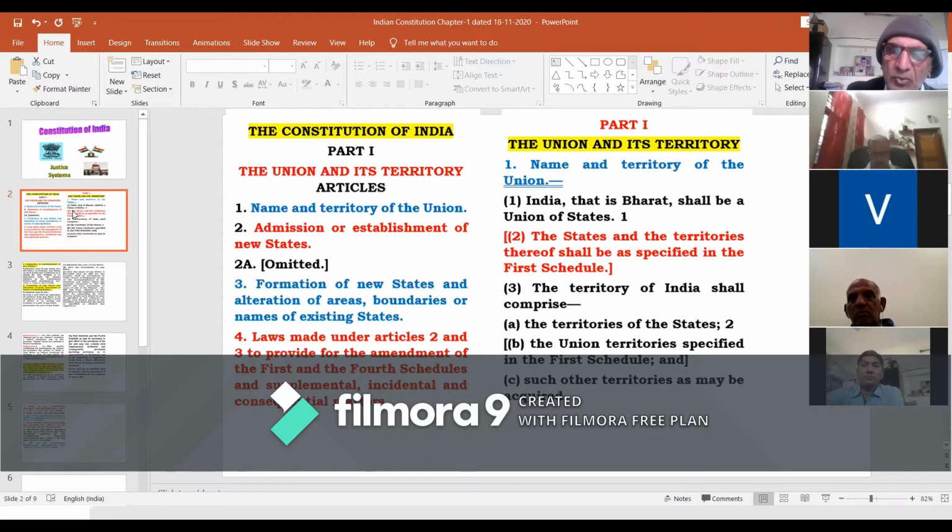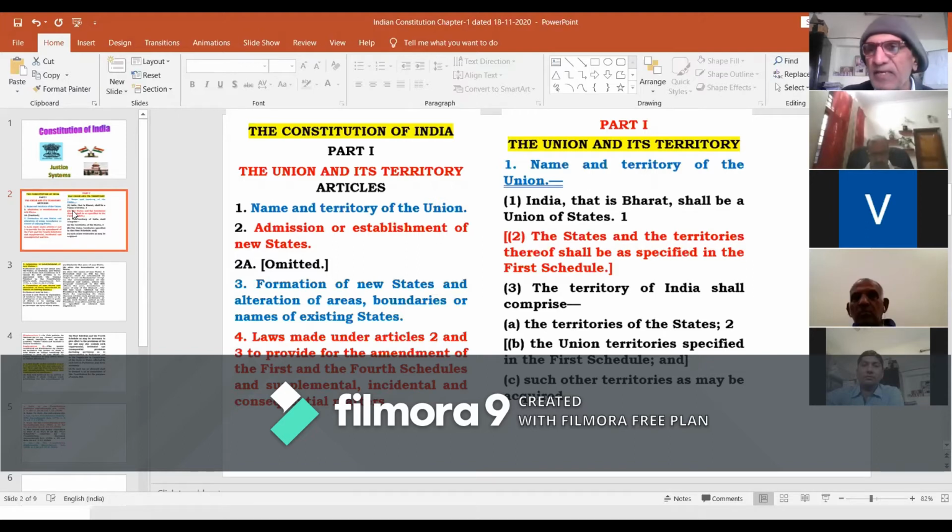Article 2 is achieving admission or establishment of new states. It essentially may not be from the existing territories. Some foreign territories may be admitted and established as new states of the Union of India.